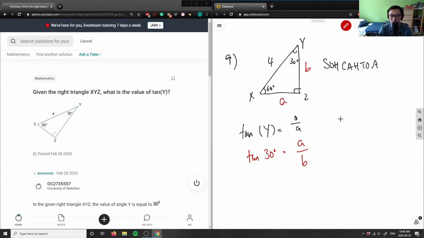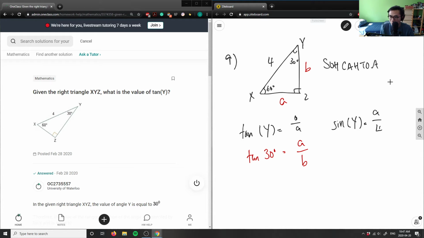So what I can simply do is I can take another trigonometric ratio and solve, and using the hypotenuse to solve for this first. So I can pick anything. I can pick sine or cosine in this case. In this case, I'll pick sine, right? So I can say sine of y equals the opposite, which is A here, over our hypotenuse, right, which is 4, right?